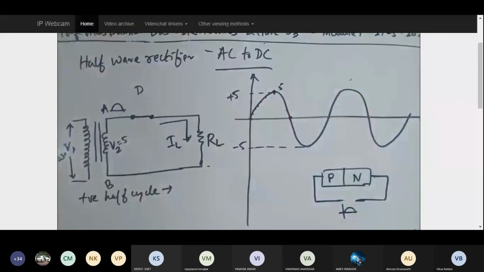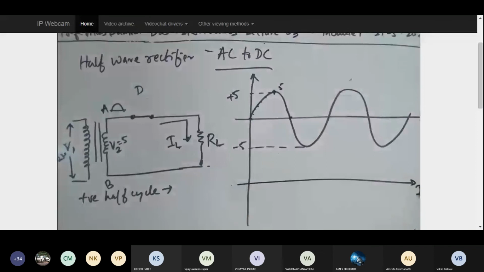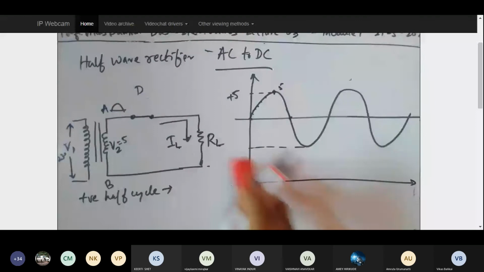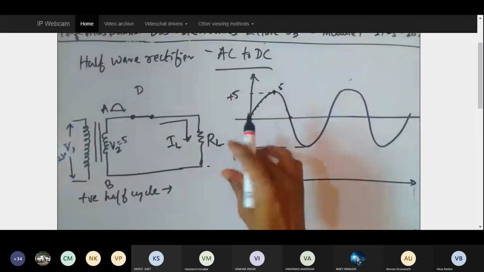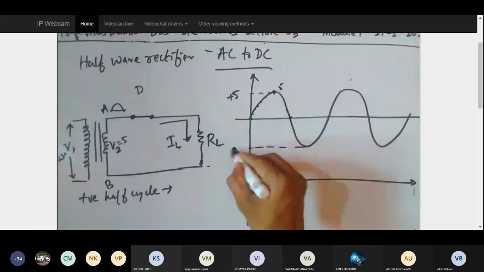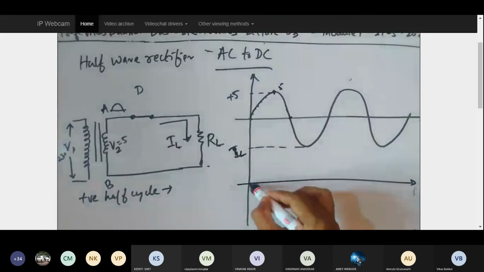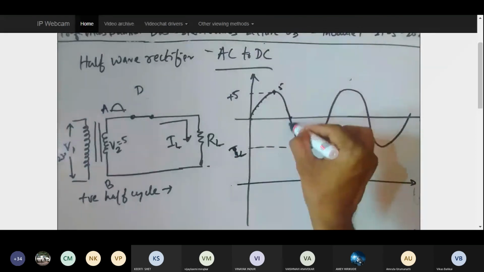So if that is the scenario, then can I write my output current, or my load current IL, the way I can see it from my input voltage.